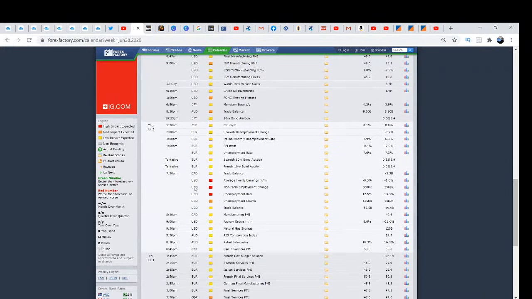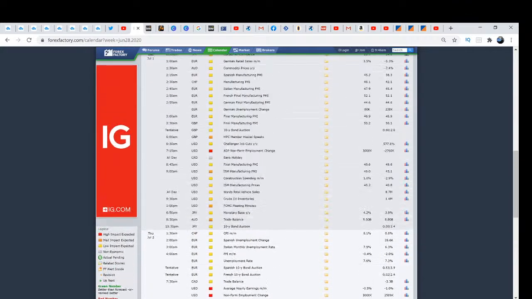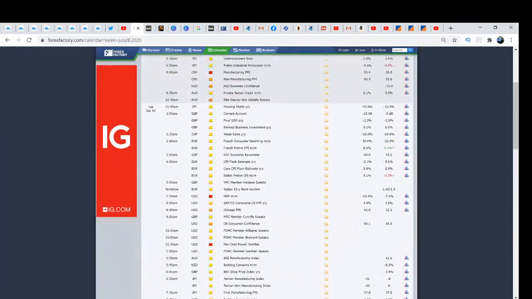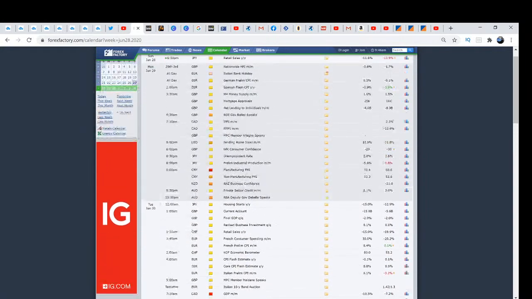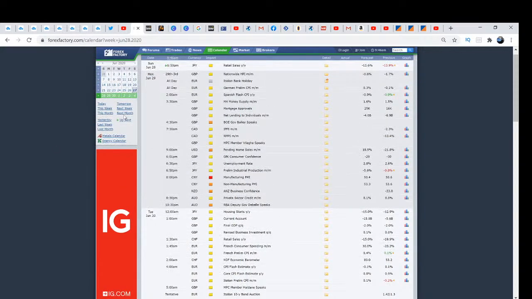So for the U.S. dollar, it's going to be a lot of news. So expect a lot of movement Thursday for sure. But let's go to Monday, which is today. This is what's going on in the market. Right now we're in London session, affecting the GBP pairs and all that good stuff.